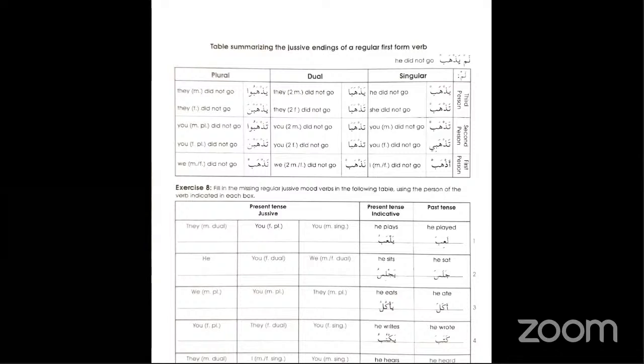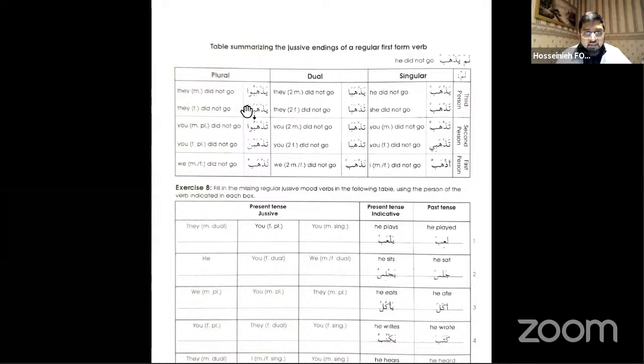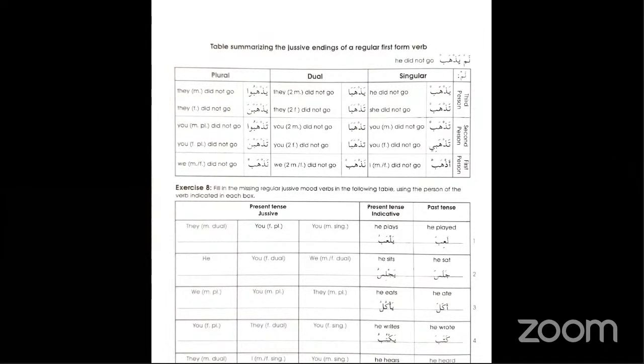Remember this, please: form number 6 and form number 12, the noons remain behind because these words are mabni, both of them. Then it's lam ta'lam, lam ta'lama, lam ta'lamu, lam ta'lami, lam ta'lama, and lam ta'lamna, and lam a'lam, and lam na'lam.